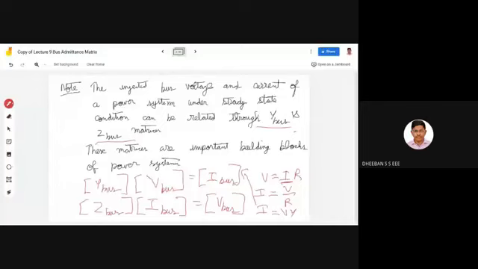And for the second one, V equal to IR is what this equation is. We are speaking about matrices. Why is it necessary to speak about matrices?